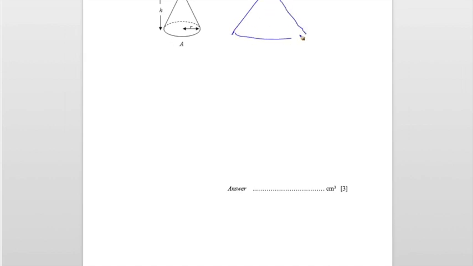So this is how cone B looks like, and this is 2r. It has the same height.